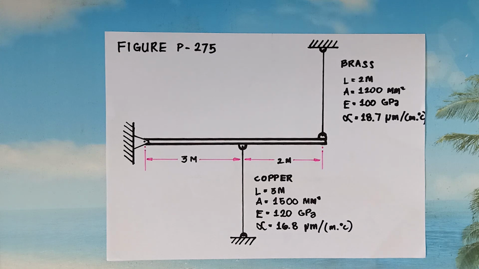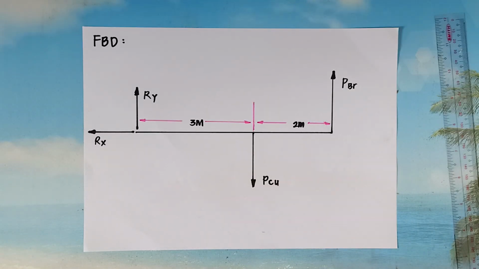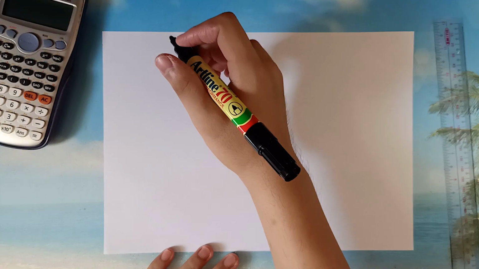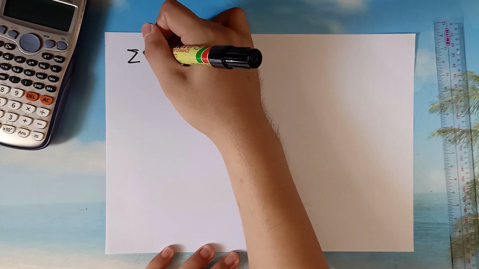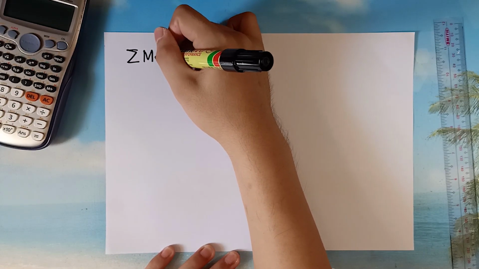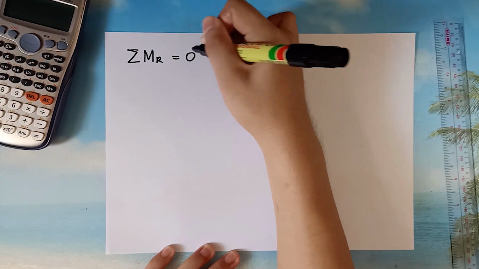First, we will make an FBD out of this figure so that it will be easier for us to understand. Here is now our FBD. We have Rx, Ry, and the forces from the copper rod and the brass rod. Now we are going to solve for the tensile stress of the copper rod. We will be doing it by using moment of forces.